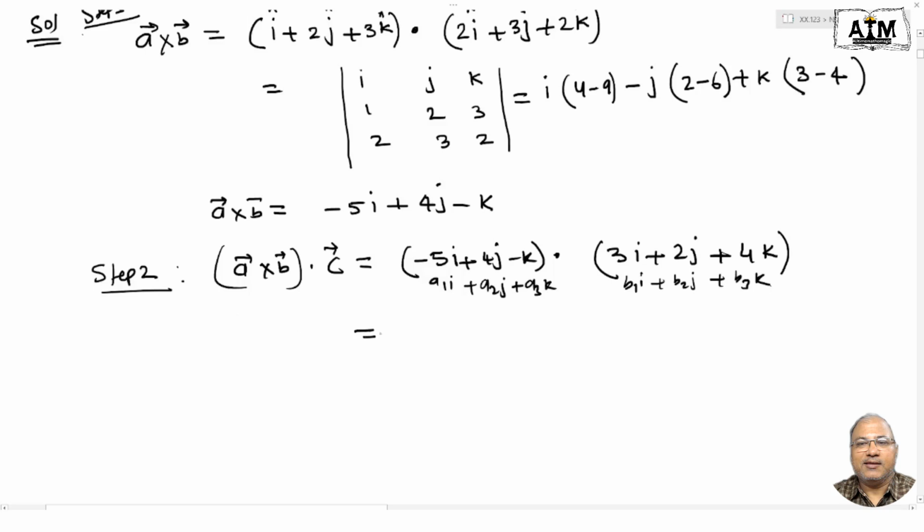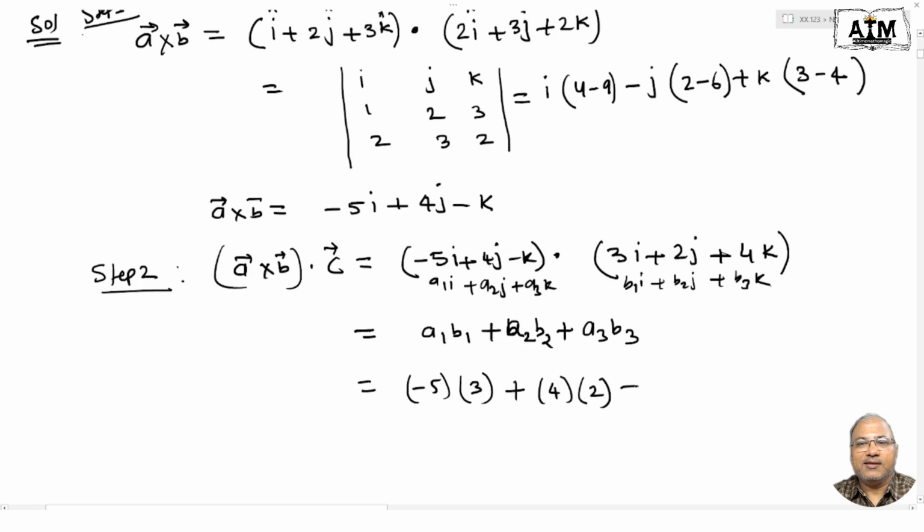Now this result is given by A1 B1 plus A2 B2 plus A3 B3. So A1 is minus 5, B1 is 3, and A2 is 4, and B2 is 2, A3 is minus 1, and B3 is 4.